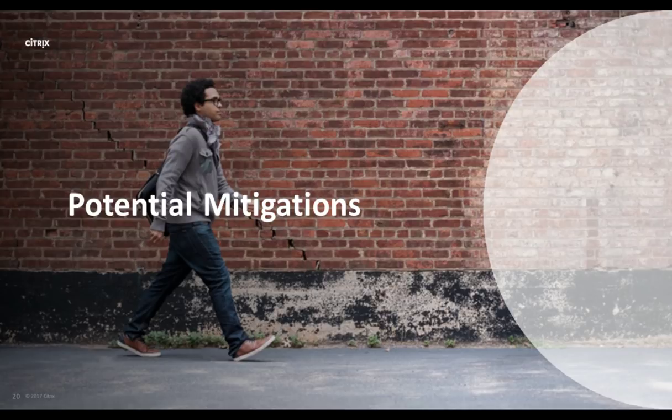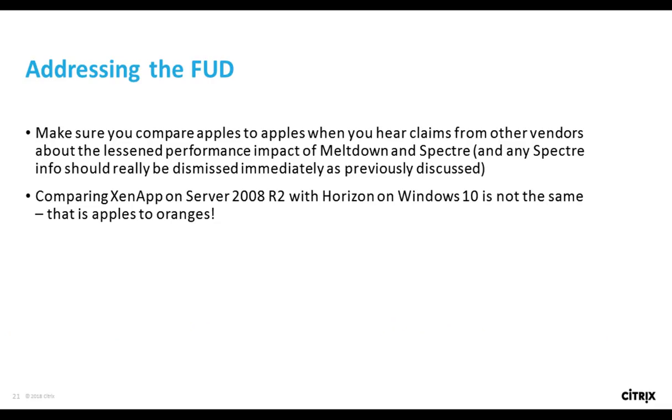So let's move on to mitigations. I would like to start by addressing the thought first. What you want to do is make sure that you are always comparing apples to apples when you hear claims from other vendors about the different performance impact on different products and so on.